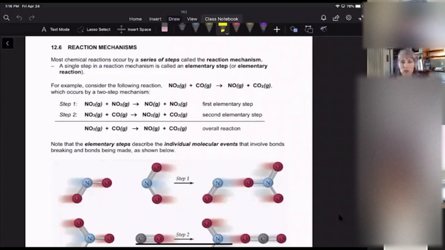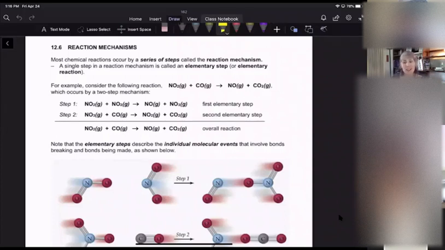Okay, so if the reaction shown is the actual collisions, these things come together and turn into that, then it is an elementary step. So an elementary step in the mechanism is what we are proposing is literally the way the molecules come together to form the products. So in this case, we're going to look at this in detail. In the first case, we're looking at the idea that the two NO2 molecules come together and transfer an oxygen.